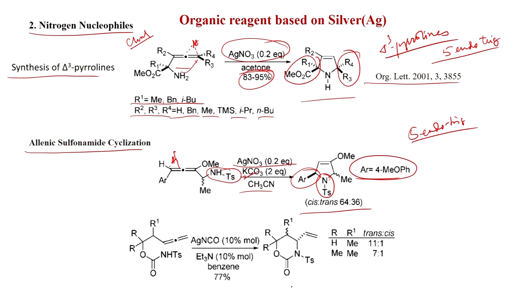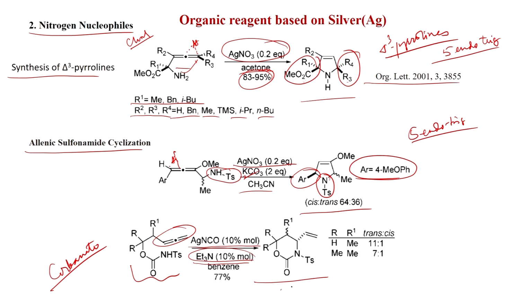And now you can see this is a carbamate motif, and there is an arene motif, and with AgNCO 10 mole percent and triethylamine, here also you have to use a base like triethylamine 10 mole percent in benzene, you get this cyclic product.